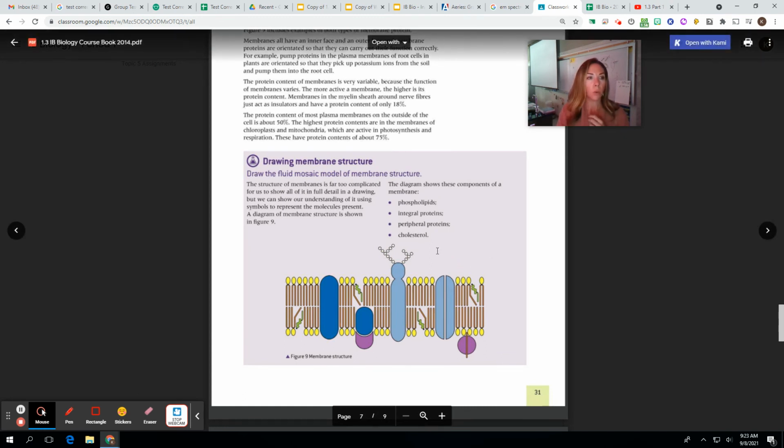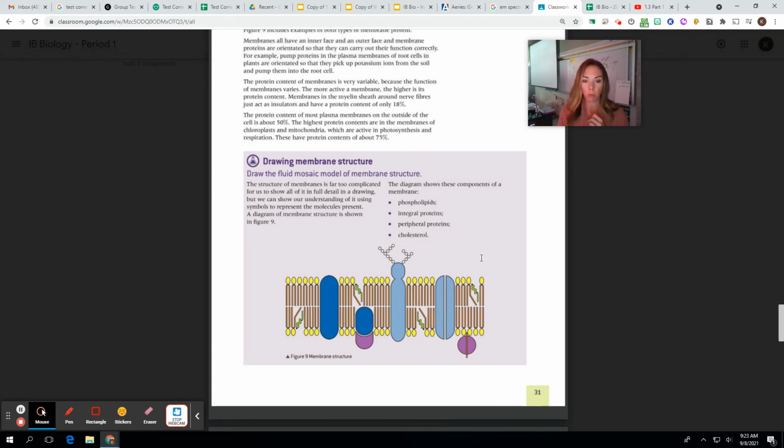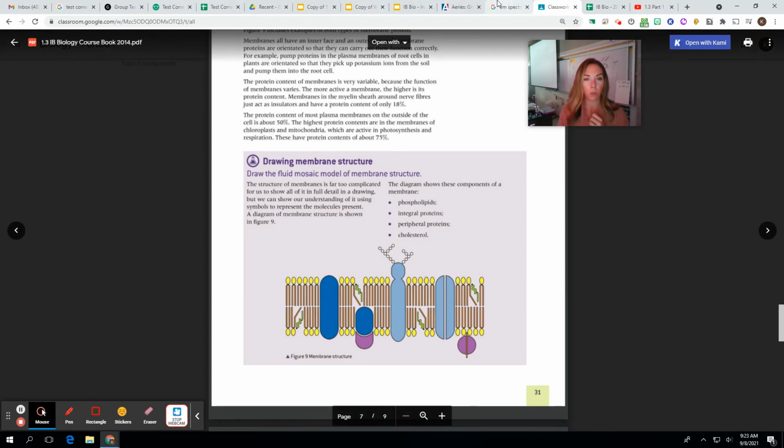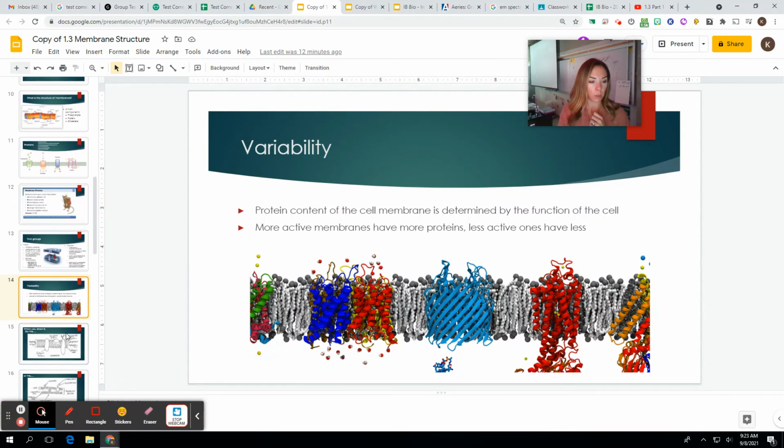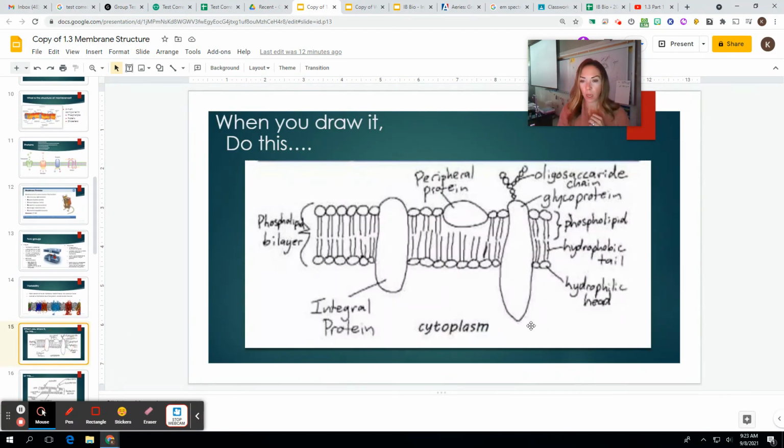All right. Here are some examples of how we draw those, and I'm going to put these in your notes so you can look back while you are drawing. It might look something very simple like this. I've got the cytoplasm, showing the inside of the cell and then the outside of the cell. It shows an integral protein right here, and then my sugar chain, my glycoprotein.